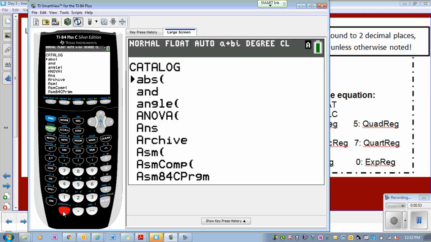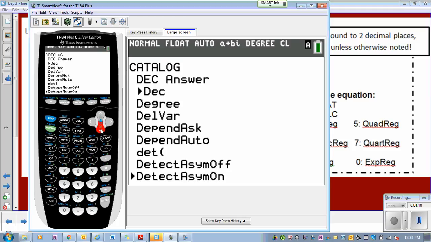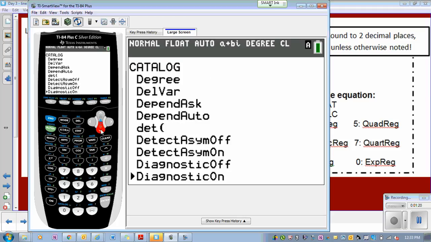Look for the lime green letter D. Hit that. You don't need to push alpha, because alpha is already pushed for you when you go to second 0. So then now you're going to scroll down until you find diagnostic on.